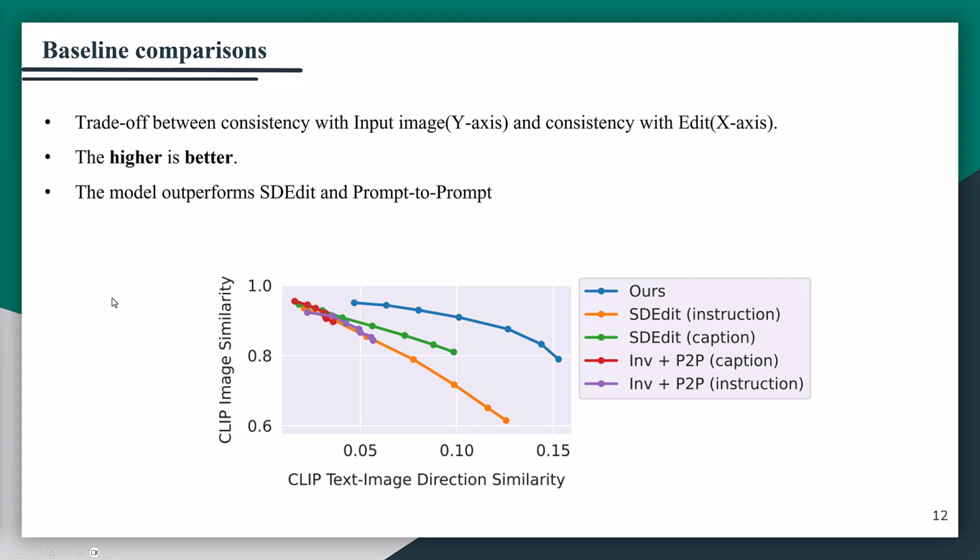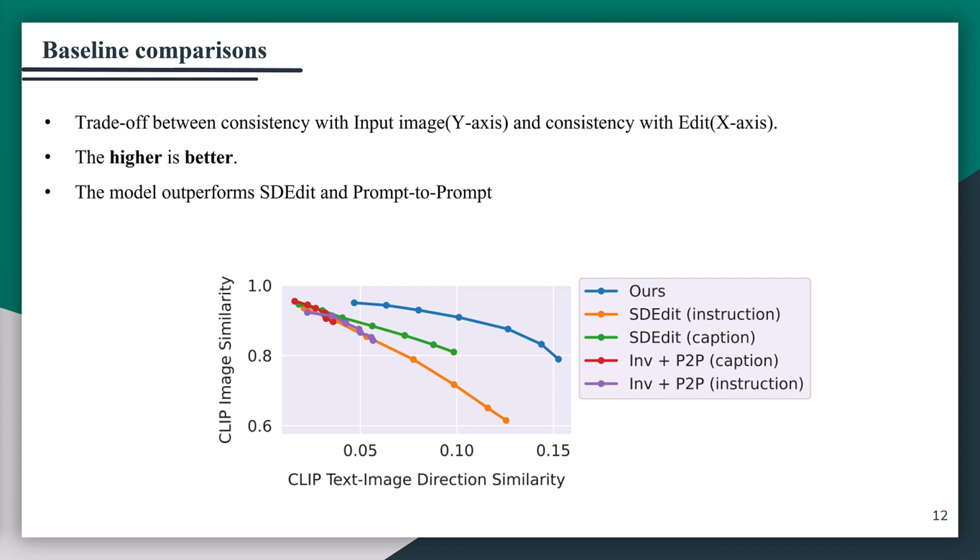So, in terms of comparison, the authors compare InstructPix2Pix with two popular models, SDEdit and prompt-to-prompt. SDEdit makes edits by adding noise based on the new prompt, while prompt-to-prompt modifies embeddings to match prompts.